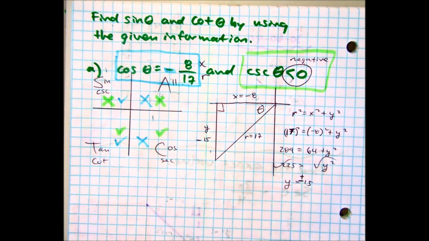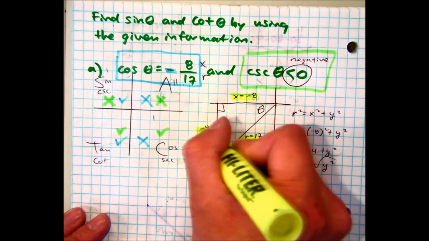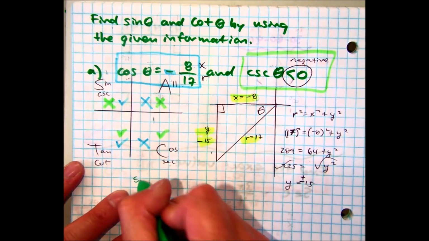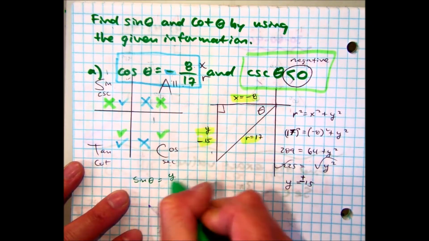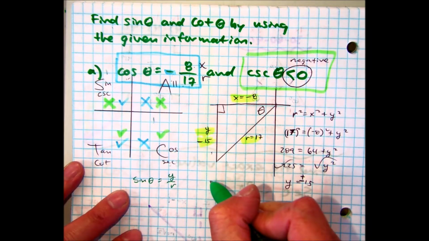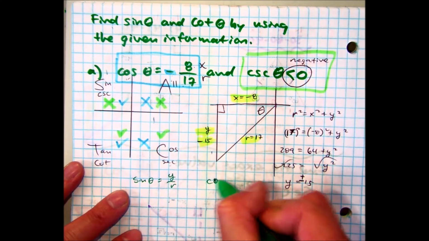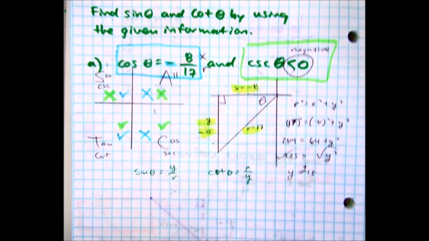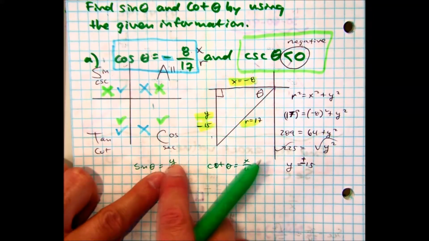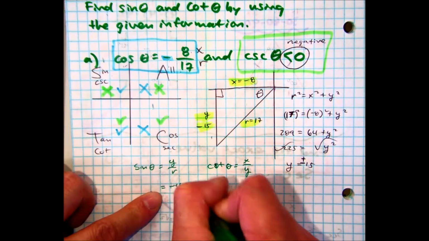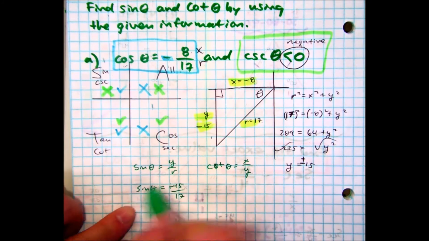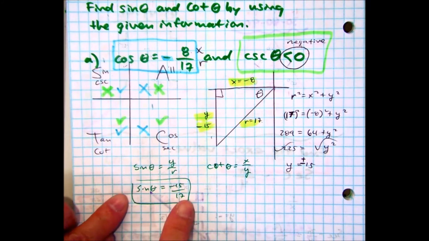Alright, so now that I have the x, y, and r, I can go ahead and solve for the two trig functions they've asked me. Sine, which is y over r, and cotangent, which is x over y. My y value is negative 15. My r value is 17. Sine of theta is negative 15 over 17.